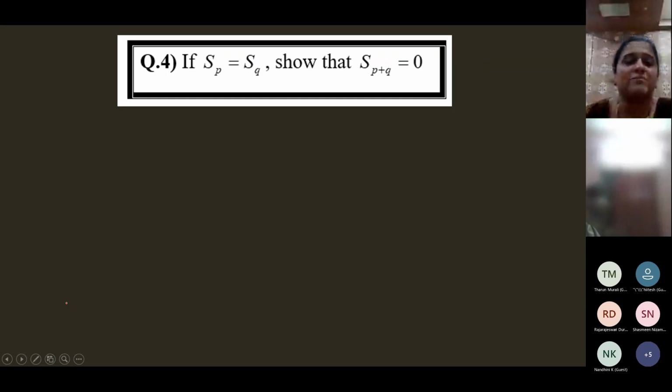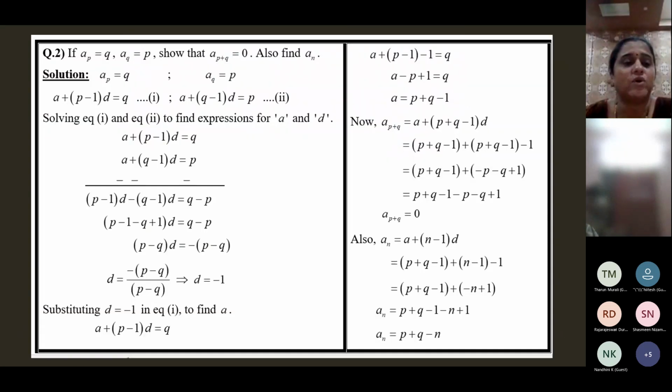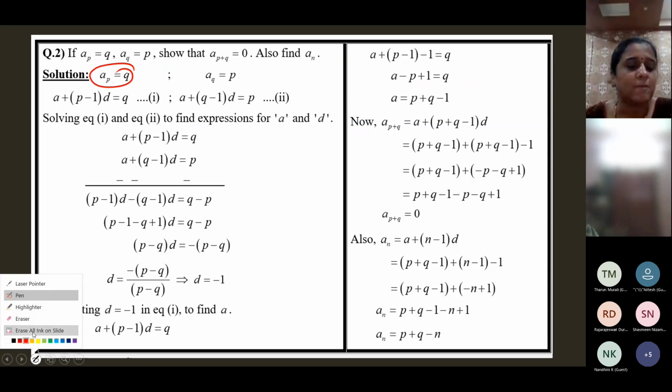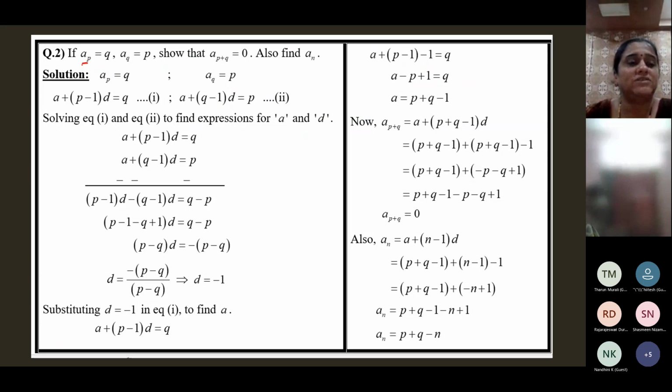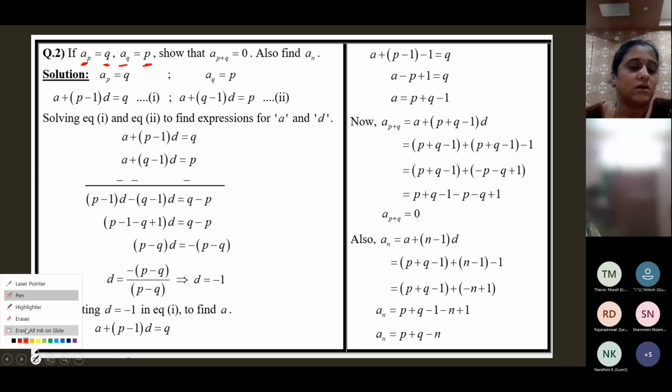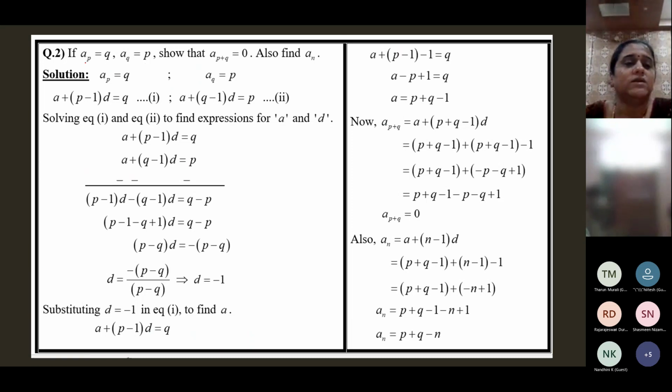When we have equations like this, that is about the term, the pth term is q and the qth term is p, then we'll solve them to find the expressions for a and d. Remember that. Here the pth term is q and the qth term is p.